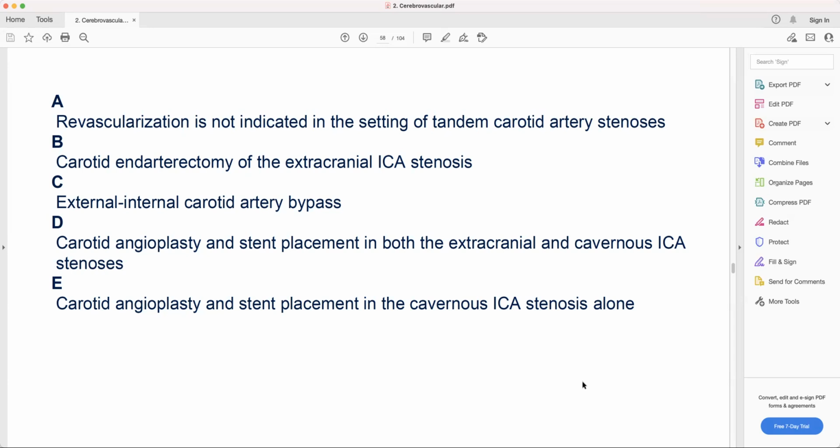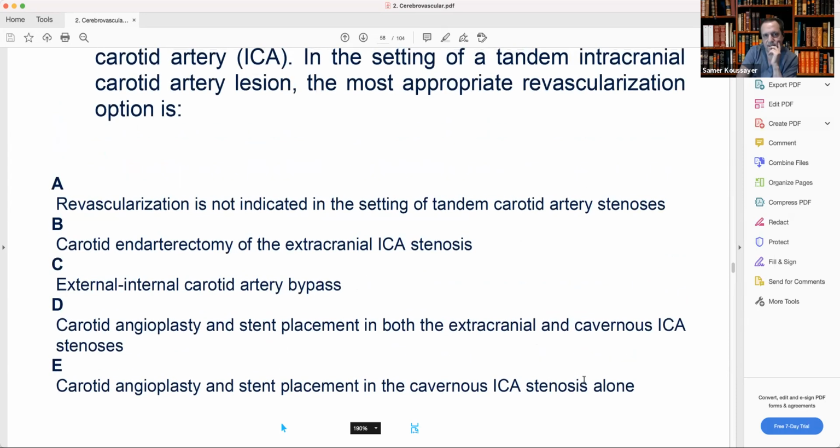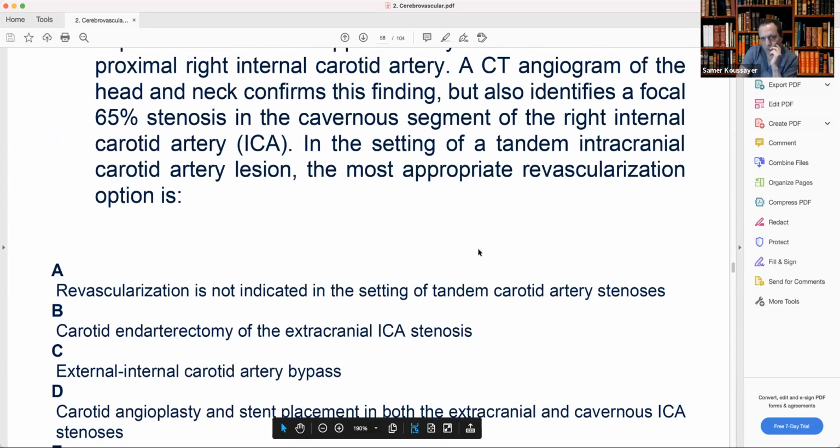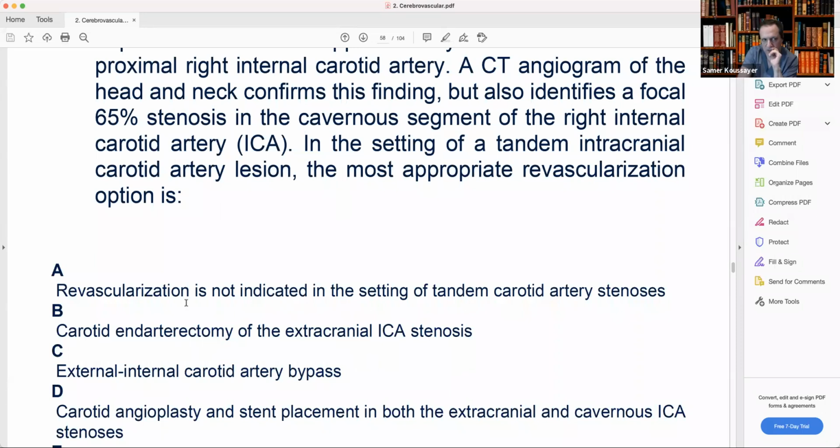The first one, it's not indicated. He said the most appropriate revascularization, talking about both, is not indicated in the setting of tandem. So you're going to leave this patient alone? No. He needs carotid endarterectomy.